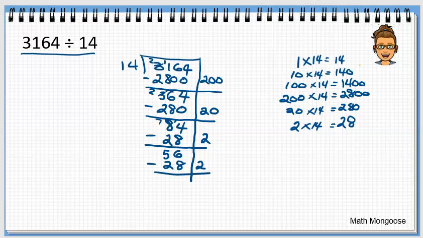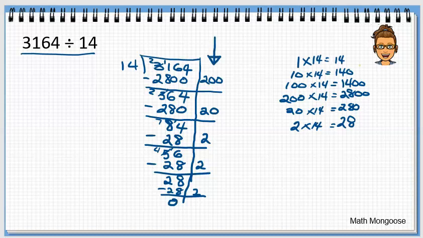We cannot. We borrow here. That takes 16. 16 take away 8 will give us 8. And 4 take away 2 is 2. Oh my, look at this now. 28. So we know that we only have one more group of 2 to take away, and we'll end up with 0.